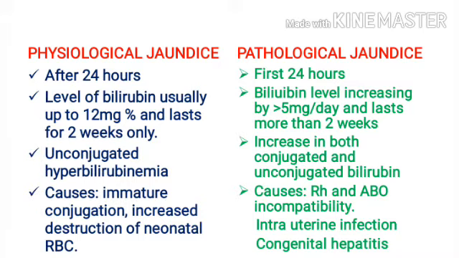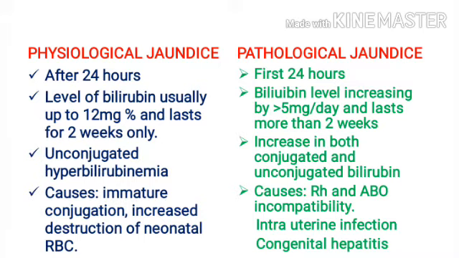Sometimes it may last some more days also, but pathological jaundice lasts for more than 2 weeks. Physiological jaundice is usually unconjugated hyperbilirubinemia. That is, here unconjugated bilirubin level increases. But in pathological jaundice, we can see increased levels of both conjugated and unconjugated bilirubin.